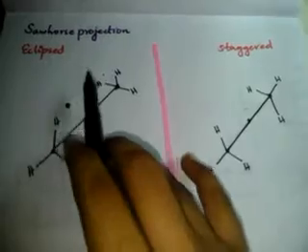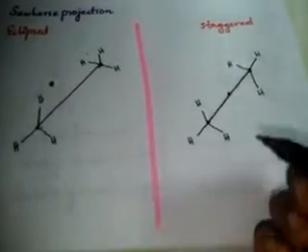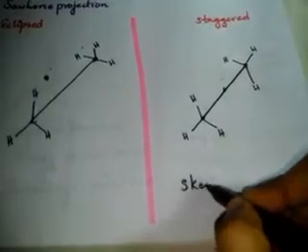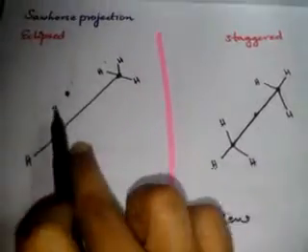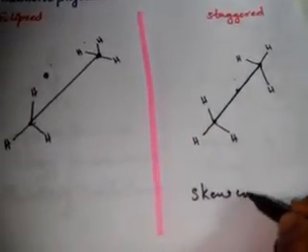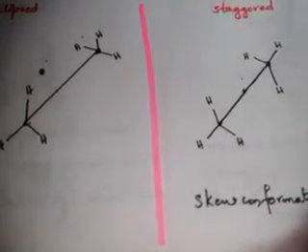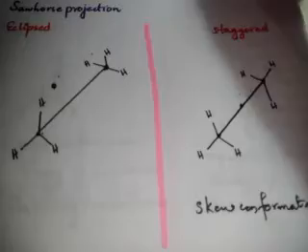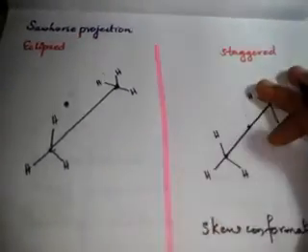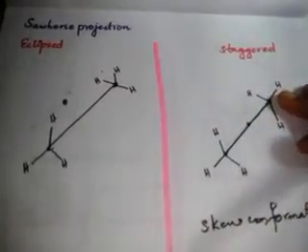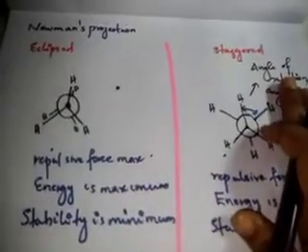In between the eclipsed and staggered conformations, there are many other conformations. Those conformations are known as skew conformations. So this is the conformational isomerism of ethane: Sawhorse projection, eclipsed and staggered conformation, and Newman's projection, eclipsed and staggered conformation.